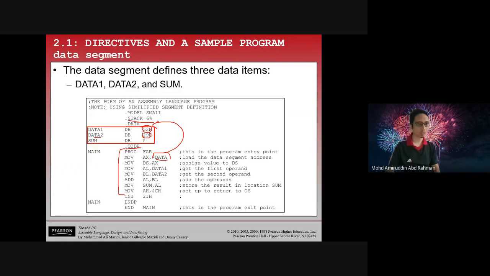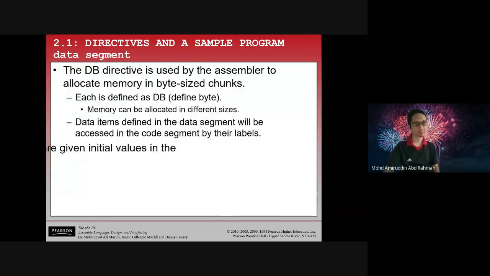We haven't defined anything for the sum, but we already defined that we will have some storage for it. Let's say you want to do a calculation summing data 1 and data 2, and then the sum will come into action. So that's the example of the data segment.